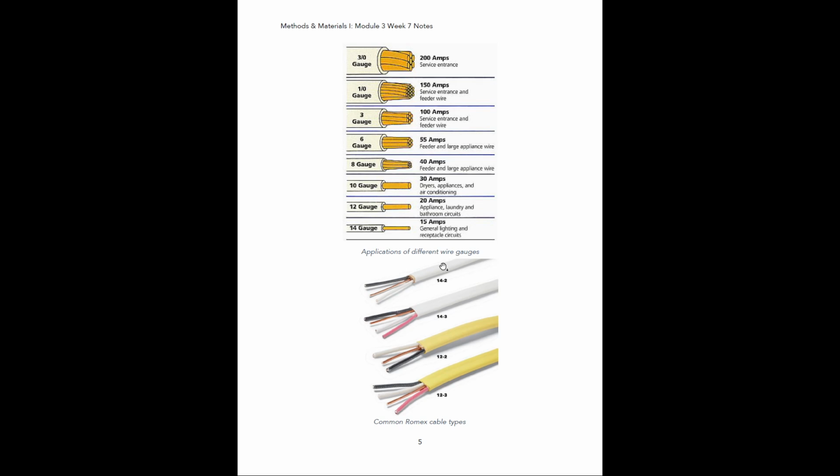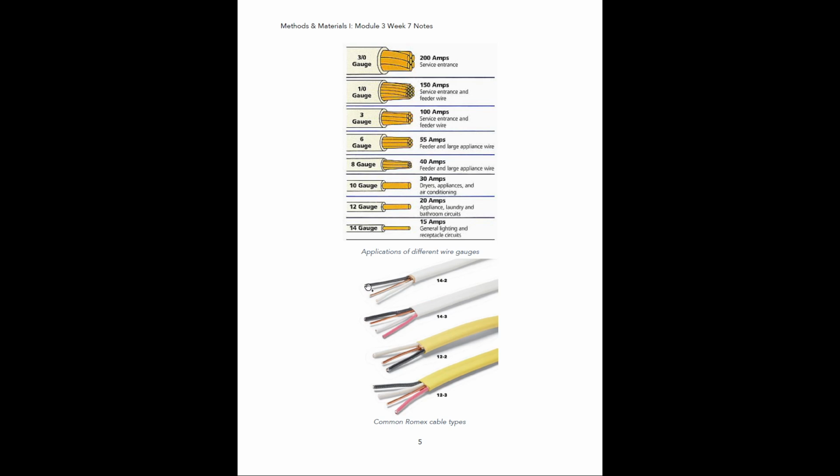And if you look here, you can see these numbers. You can see that we have the 14, like I said, and the 12. But then this number here, you can see this one's a 14-2 and this one's a 14-3. That number is indicating the number of wires inside of the cable, not including the ground wire. So you can see this one here is a 2.